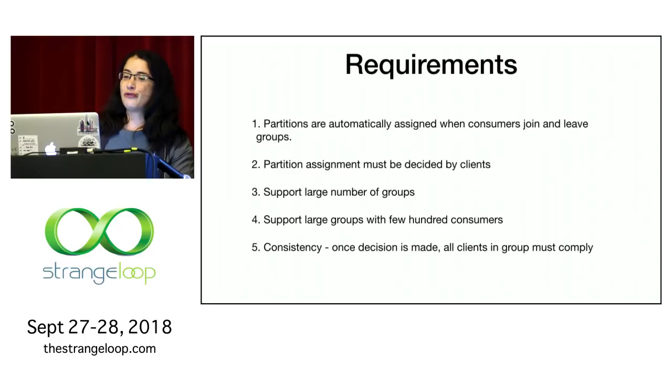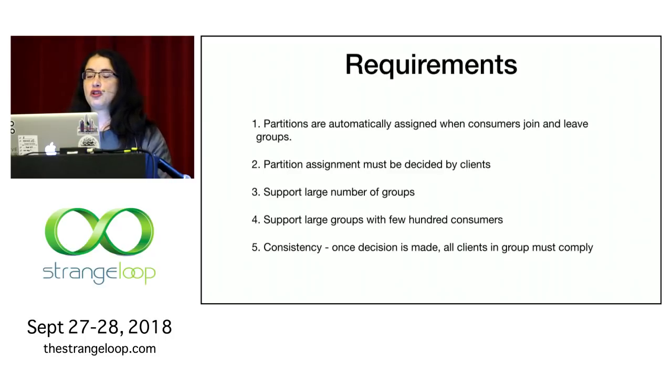OK, so requirements 1 and 2 are done. And then requirements 3 and 4 basically came from very large users of Kafka, especially the LinkedIn team. They said, look, we have to support on the order of magnitude of 30,000 consumer groups, because that may or may not be what we're currently running in production.